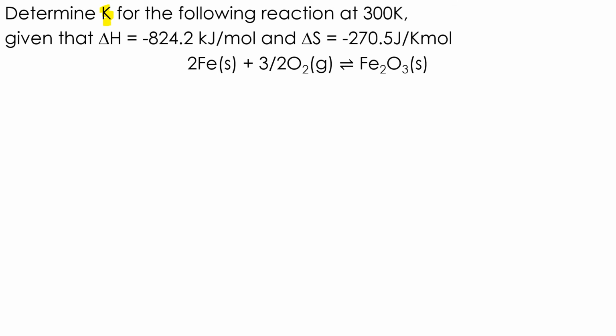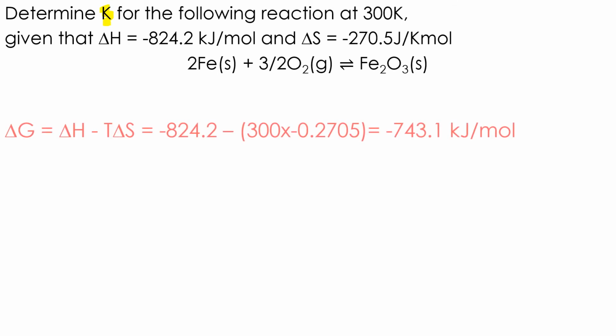How can we find K if we have delta H and delta S? We can directly remember the first formula that we discussed in Unit 5 about delta G. So delta G is equal to delta H minus T delta S. We already have delta H, delta S, and T, then we can directly find delta G.